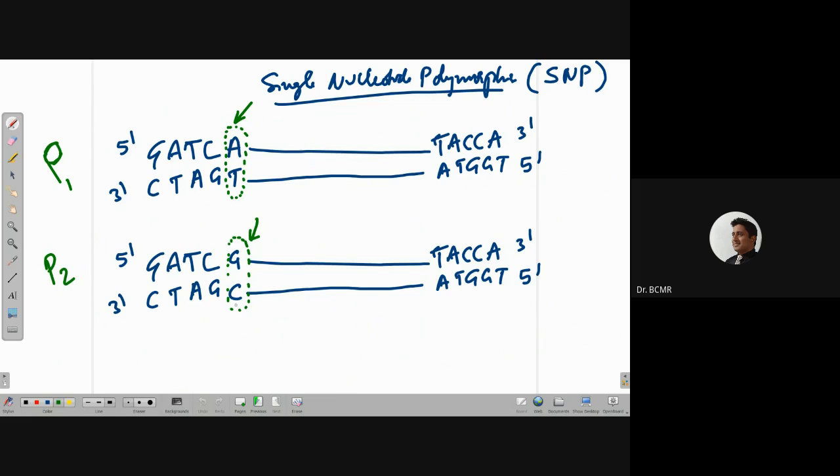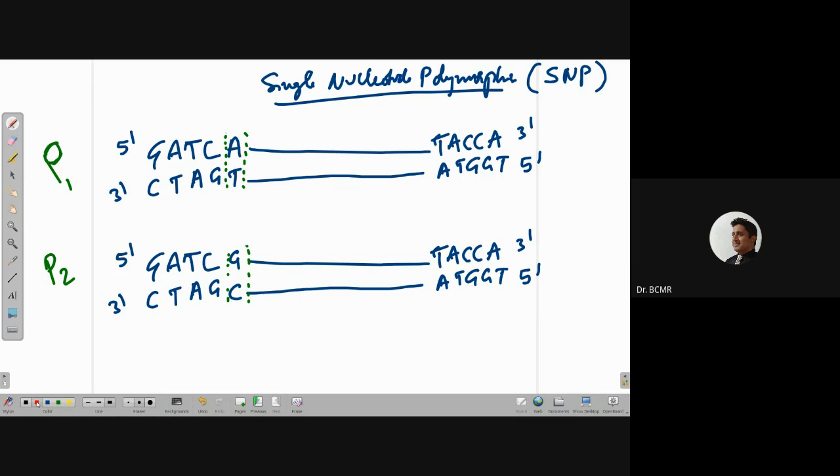We can still use PCR to find out whether a person is homozygous or heterozygous. I will give you an introduction today, and if required, I will repeat it in the next class. You should understand it well. It's a lot of fun because it is like a puzzle.